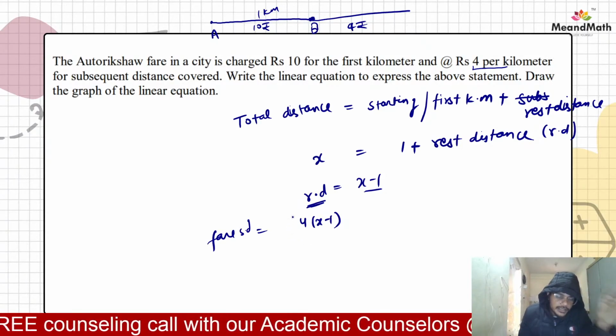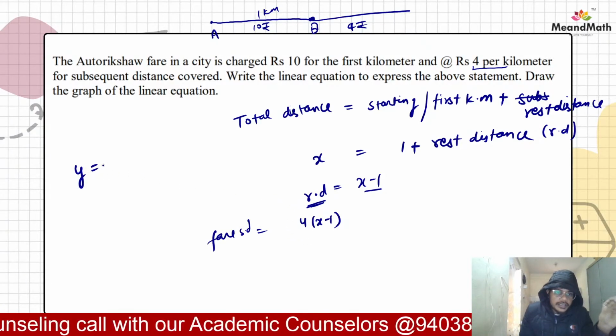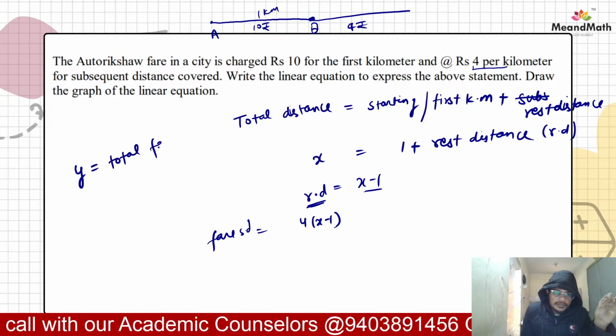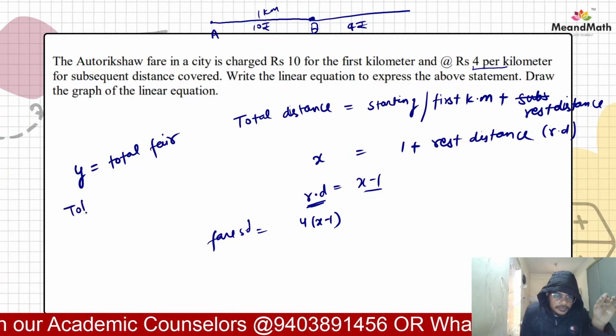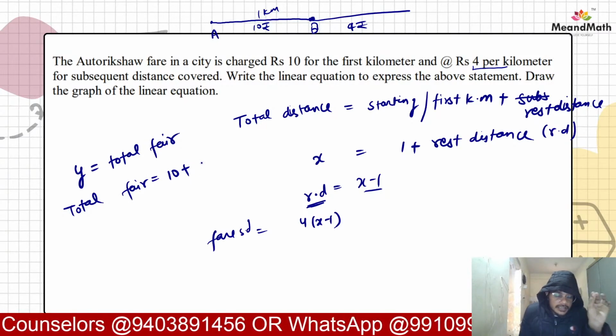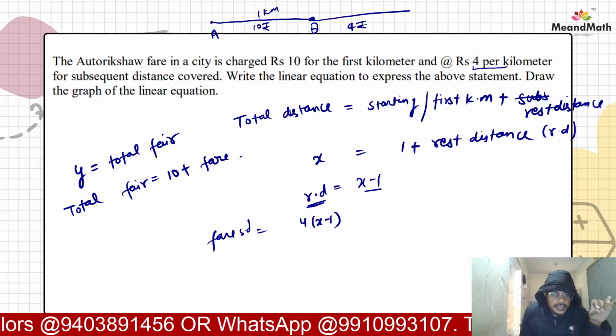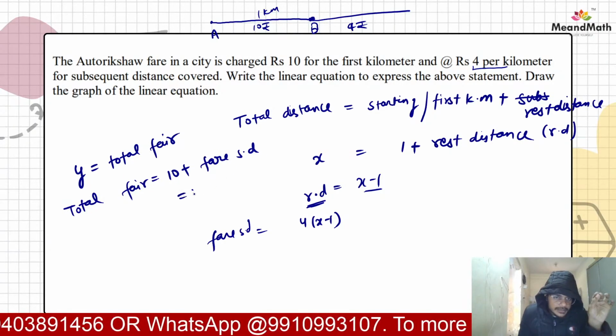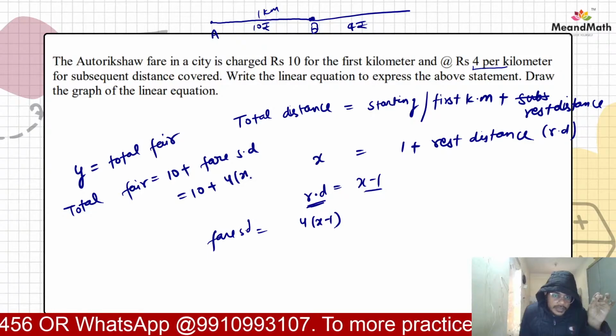Is this clear? Now, let's say y is the total fare. Total fare should be equal to 10 plus the fare for the subsequent distance, that is 10 plus 4 into x minus 1.